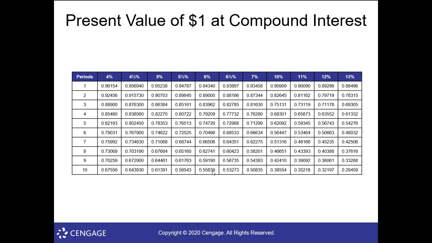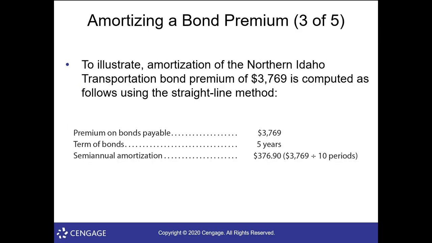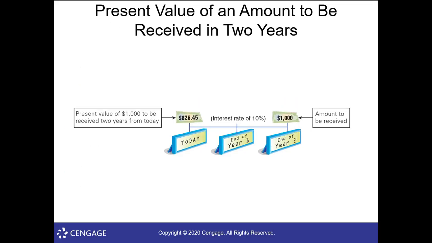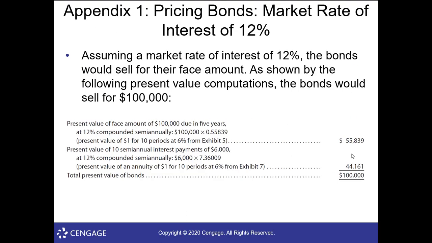And it's 6% because you're paying 12% annually, but you're going to pay it in 2 periods. So it's not going to be 5 periods, but 10 periods total. All right, so that's $55,839.